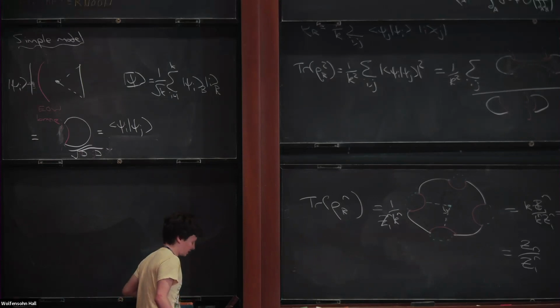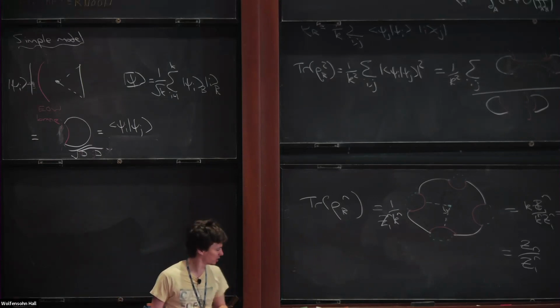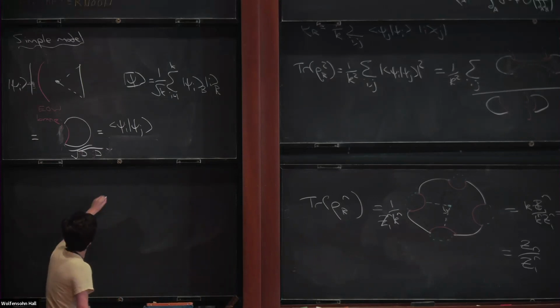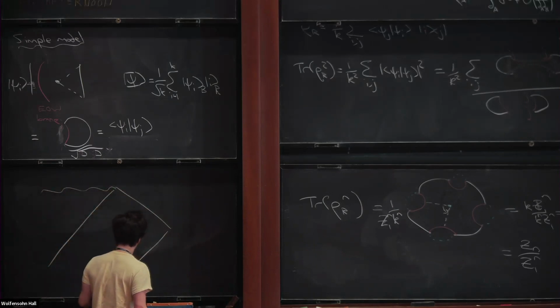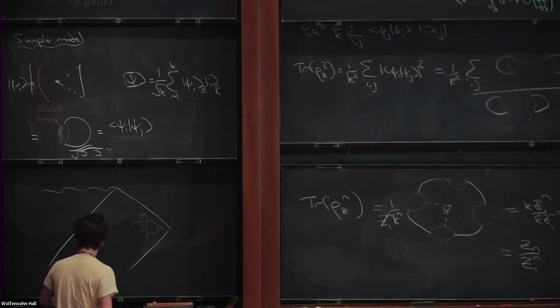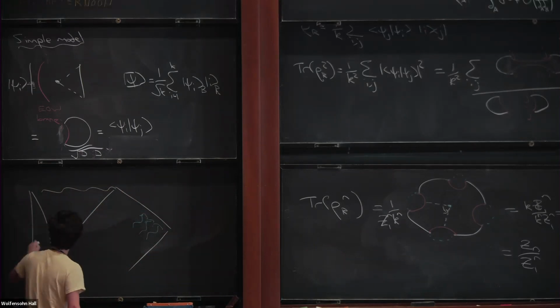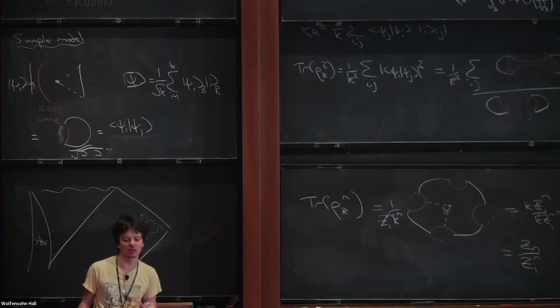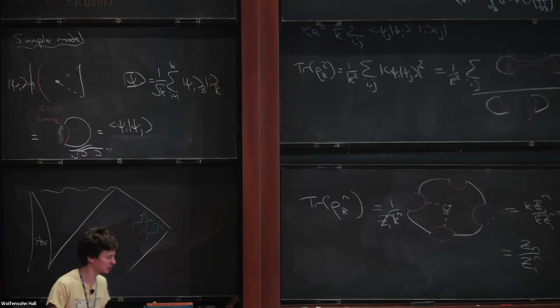Okay, so the punchline that will not dramatically shock you, I would guess, at this point, is that such a surface does exist. So we compute the entropy of all the fields, a load of radiation that's come out here. We have a star sitting at the bottom of our black hole. And a surface exists. It exists before the page time and after the page time. It's just only dominant after the page time.